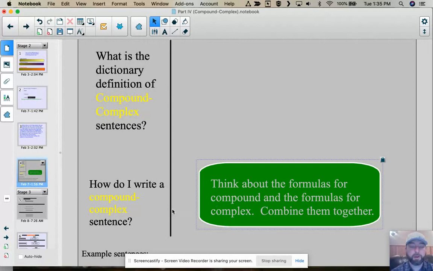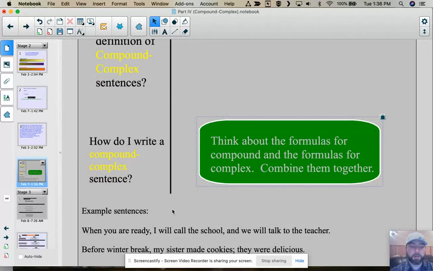Well, think about the formulas for compound and the formulas for complex, and then you put them together, right? So you've got the I comma CI and the I semicolon I for compound, and then you have the D comma I and the ID for complex. You are taking those formulas and putting them together.